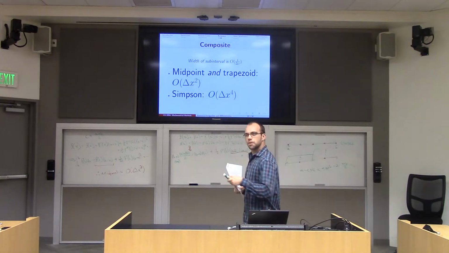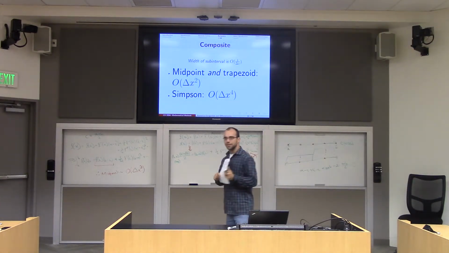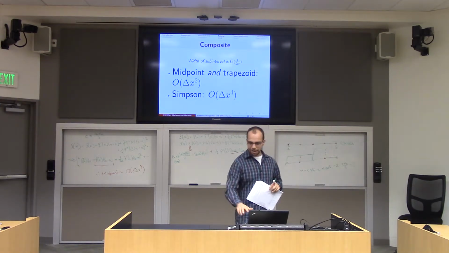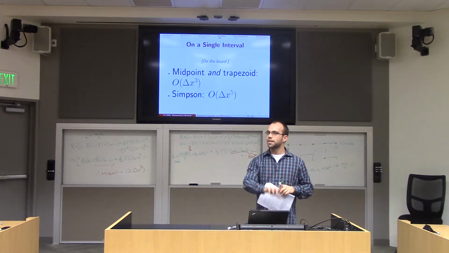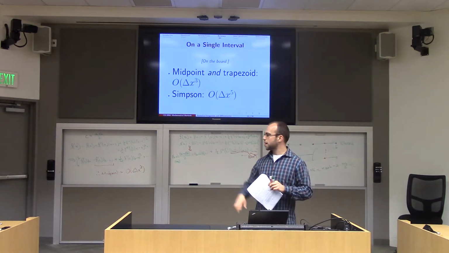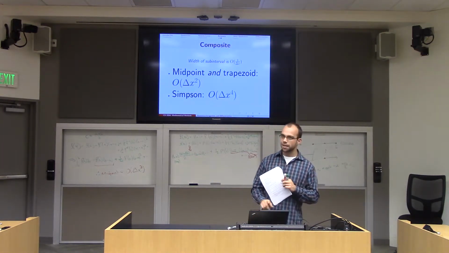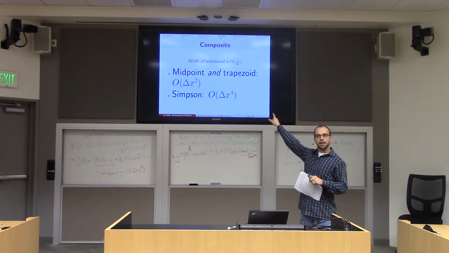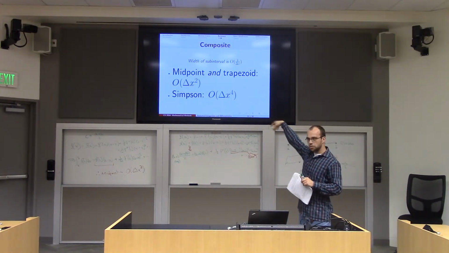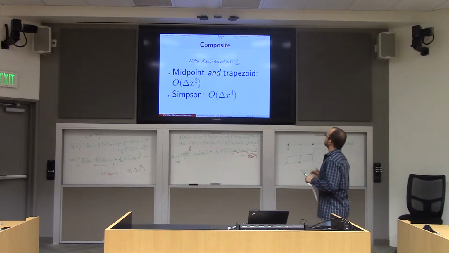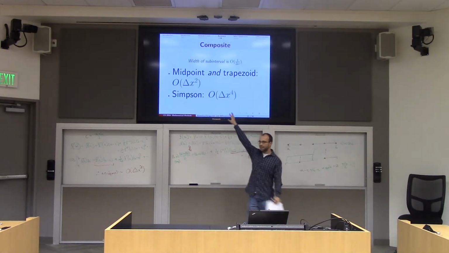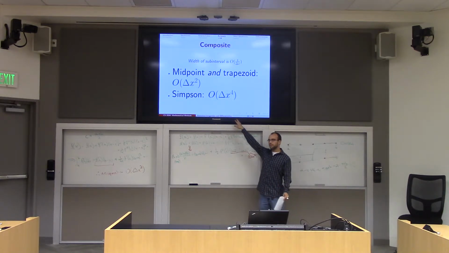Which means that the number of intervals kind of looks like 1 over delta x. Yeah. So if your error on any single interval is x cubed, then when you multiply that by all the terms you're summing up, right? Then there's going to be like a 1 over delta x number of things that you're summing. And so you lose 1 degree of accuracy, right? So if you have composite midpoint, then this is a delta x squared method.